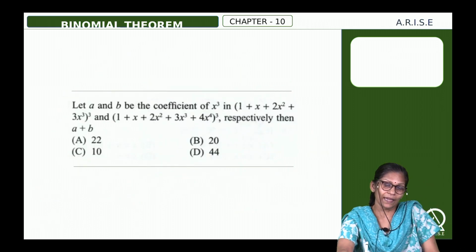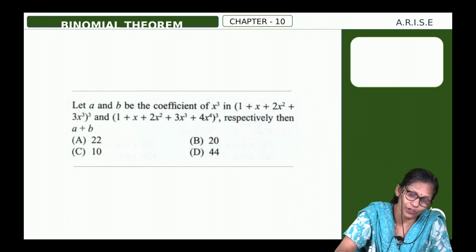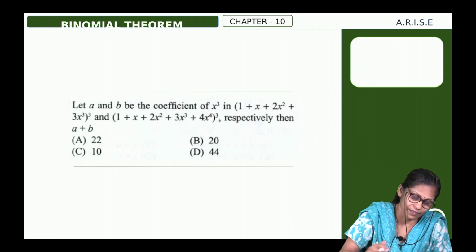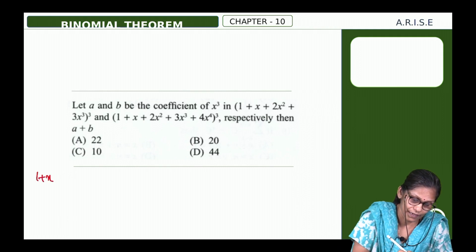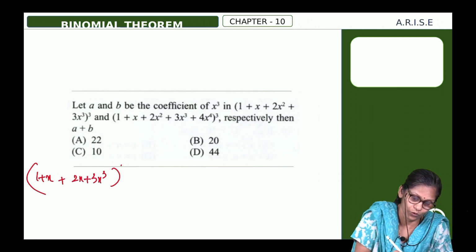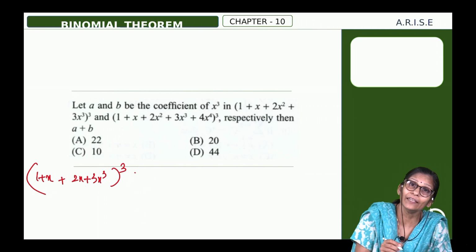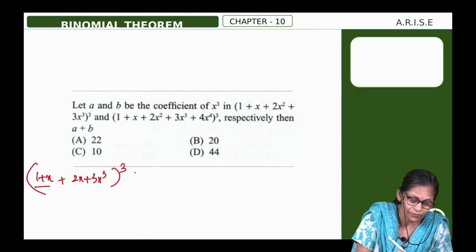Now, let a and b be the coefficients of 1 plus x plus 1 plus x plus 2x plus 3x cubed the whole cubed. Okay. And you are asked to find the coefficient of x cubed. Let us view it in the form a plus b the whole cubed. What is it?